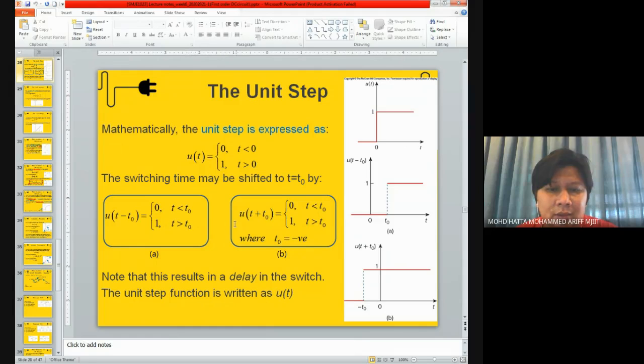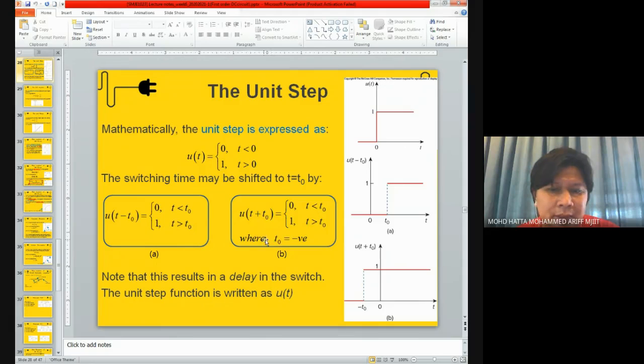And for the next figure, figure B, where we have t naught value negative, it is the same when we shift our unit step towards the negative side of our time, or towards the left hand side.